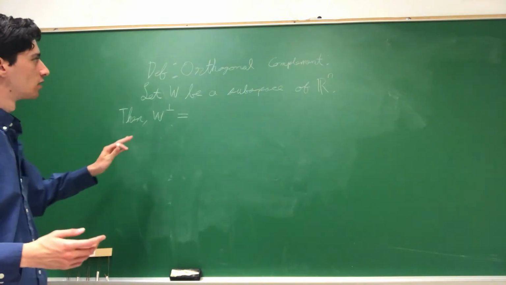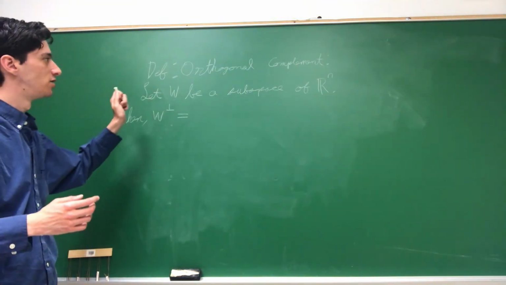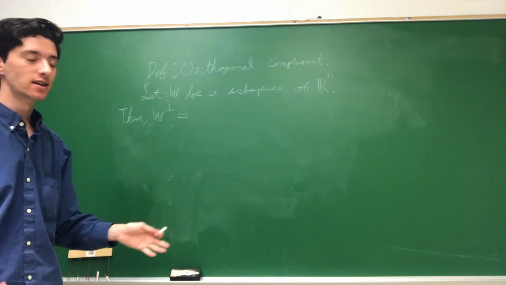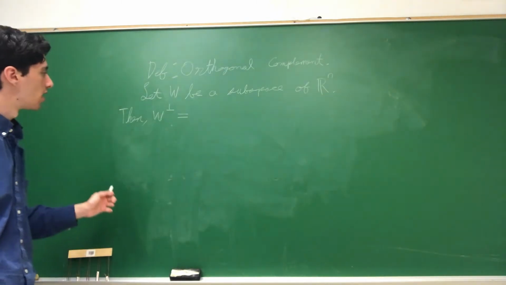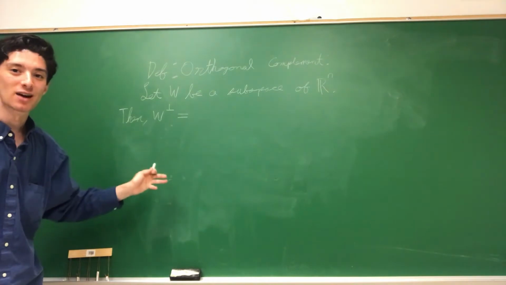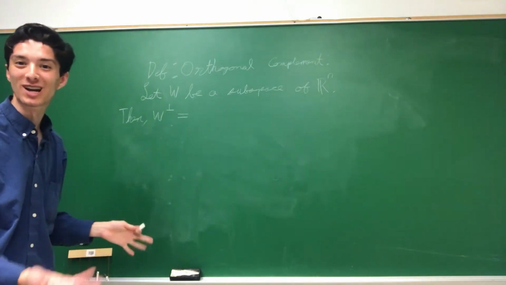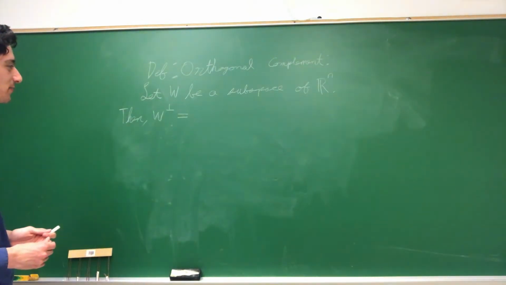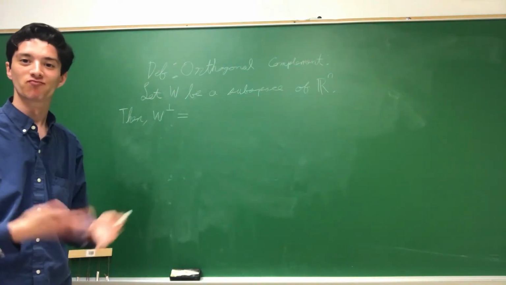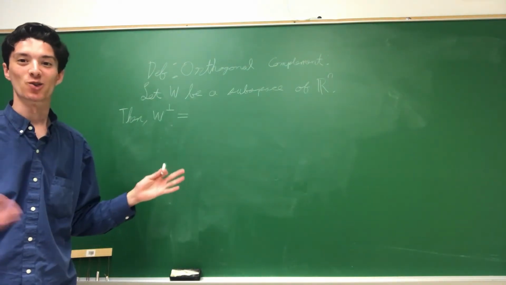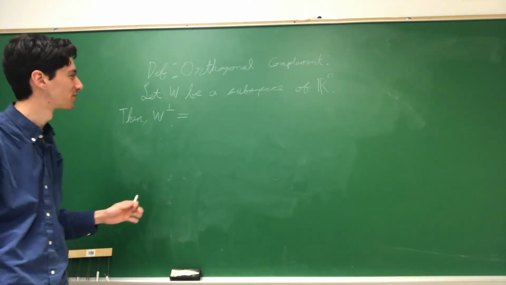So we say that if W is a subspace of Rn, then the orthogonal complement of W, noted with this upside down T representing the perpendicular angles, and this is often pronounced W perp for short, because sometimes saying orthogonal complement takes a long time.